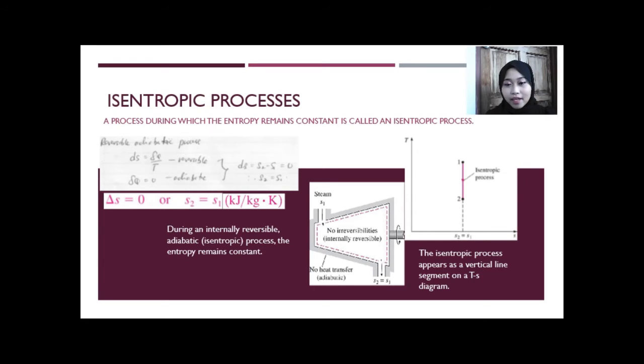As in the diagram, we can see that during an internally reversible adiabatic process, the entropy remains constant. And from the graph, we can see that it appears as a vertical line as the entropy is constant.